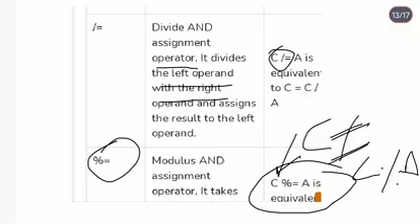For example, I am taking C = 10 and a = 4. So 10 divided by 4, the quotient is 2, and the remainder is 2. So finally the value of C is 2. As I have discussed in modulus, the same thing we have to do here, but finally the value will be of C only, not a. Always remember this.